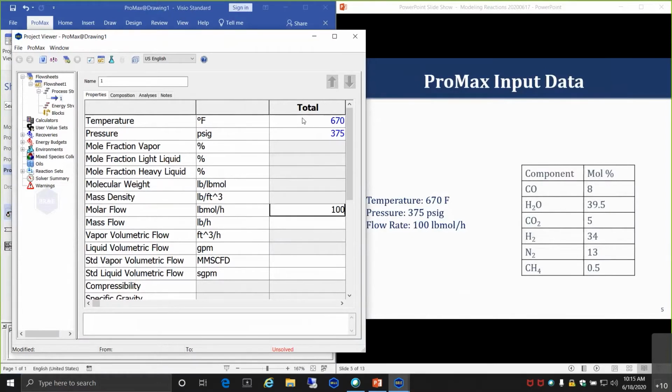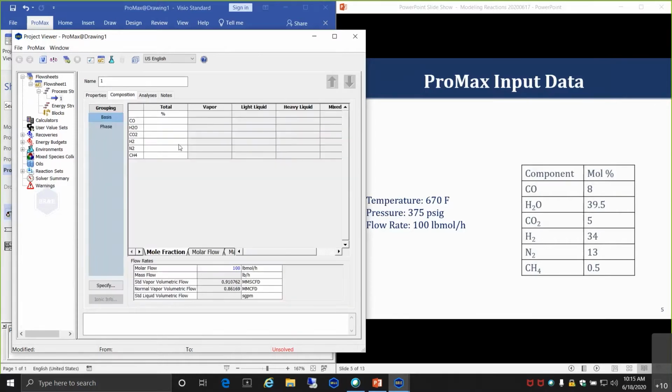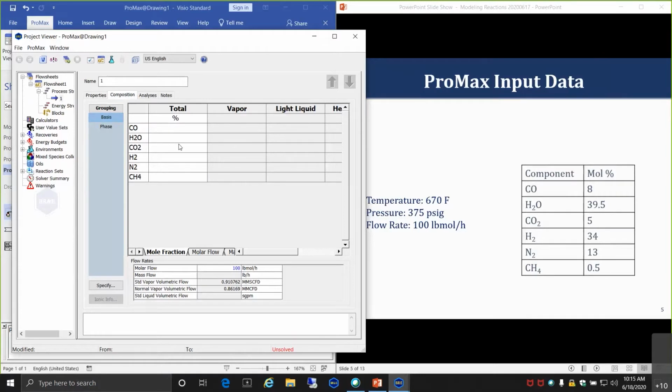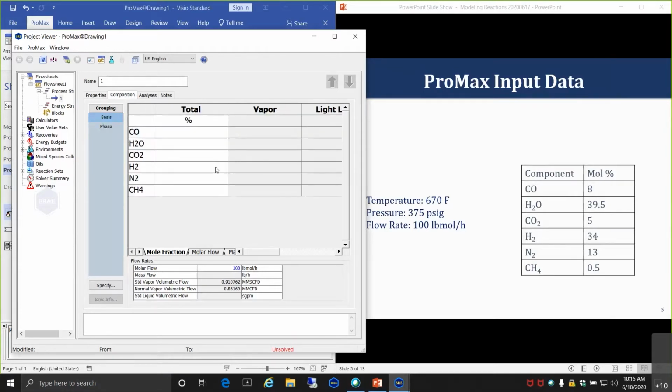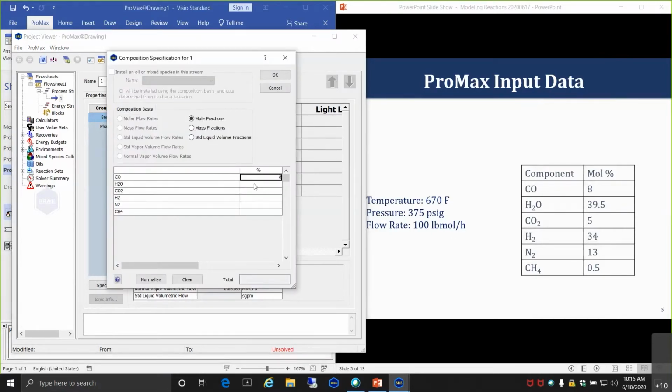And we'll just stick with 100 pound moles per hour for our demonstration purposes. We'll come over here to our composition, and we'll put in our composition.